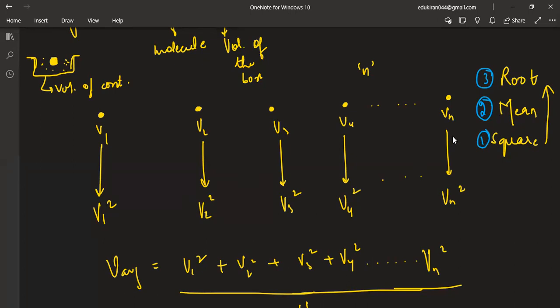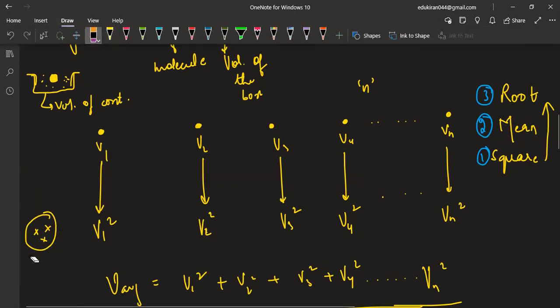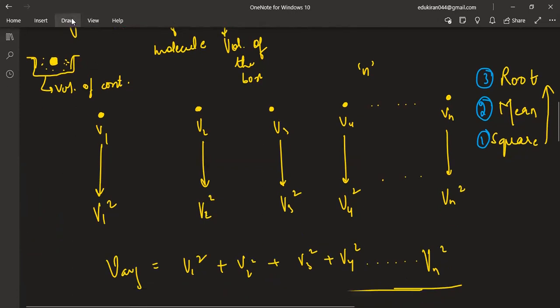Then how do you calculate the mean value? If I give you three quantities and ask you to calculate their mean, what will you do? You will add all three and divide by 3, because the total number of particles was 3. Same thing here.